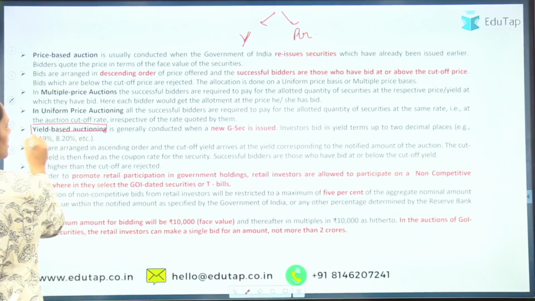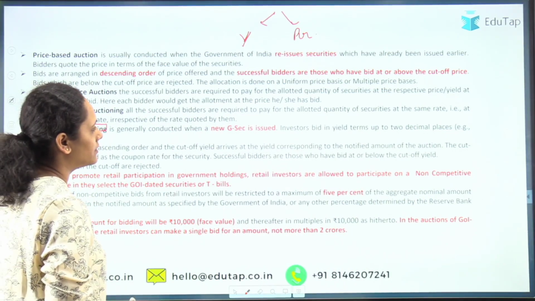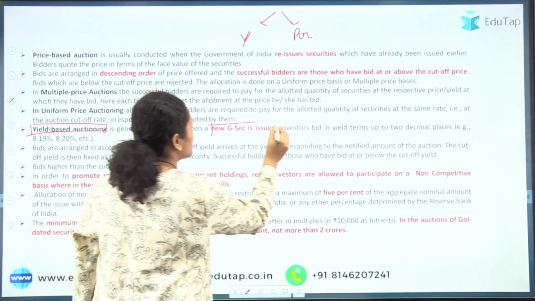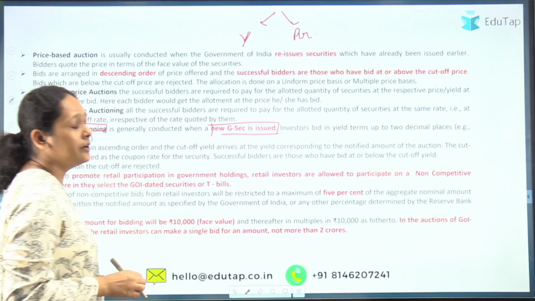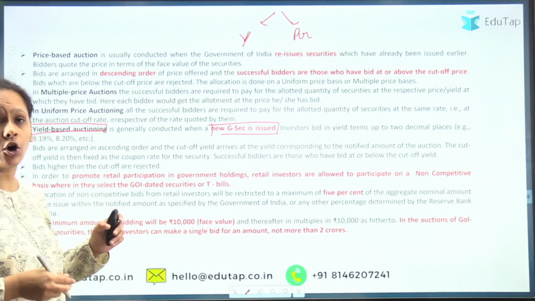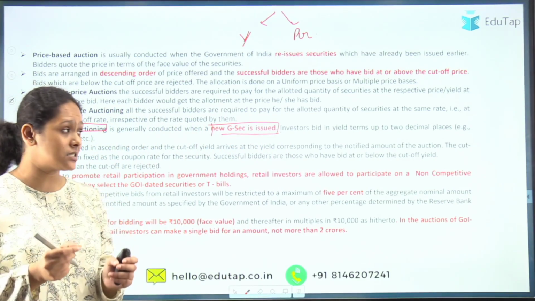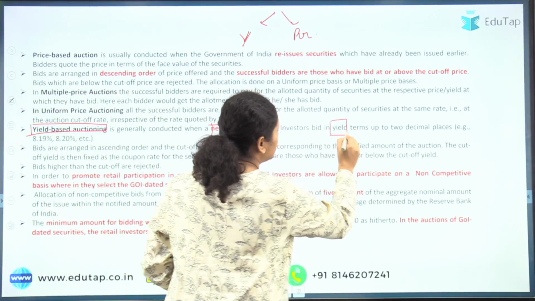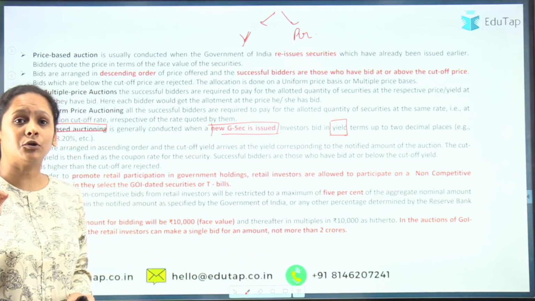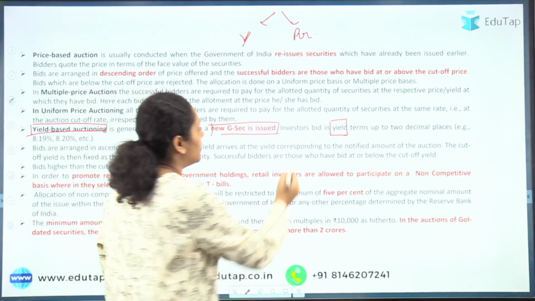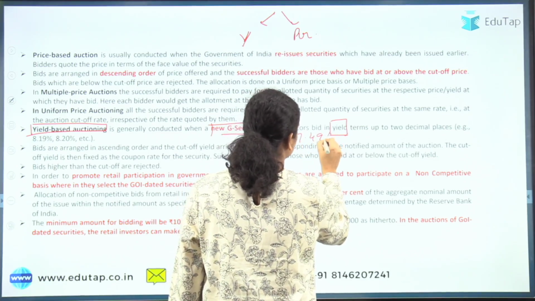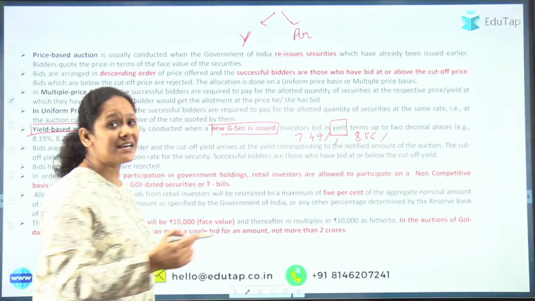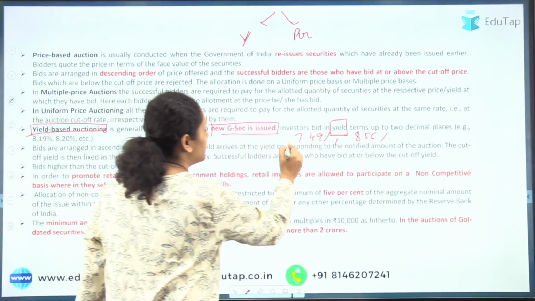Yield based auctioning is the process used when the government is issuing a new GSEC, or when the first time issuance takes place. In yield based auctioning, the investor makes a bid in terms of yield, and the yield is quoted up to two decimal places, like 7.49% or 8.56%.